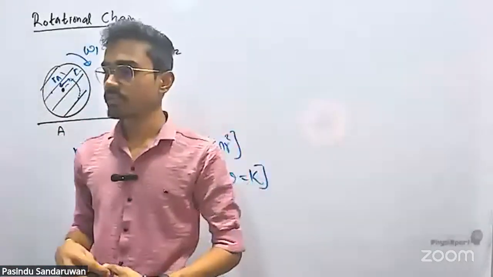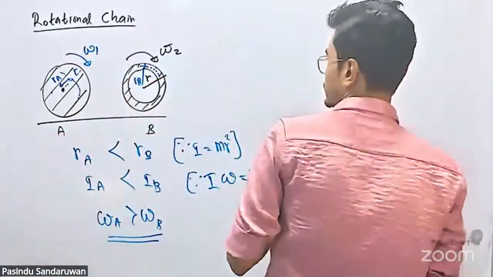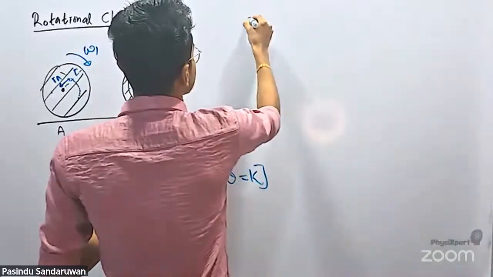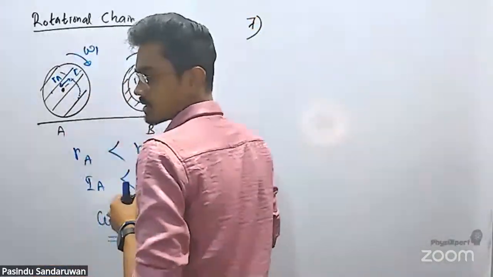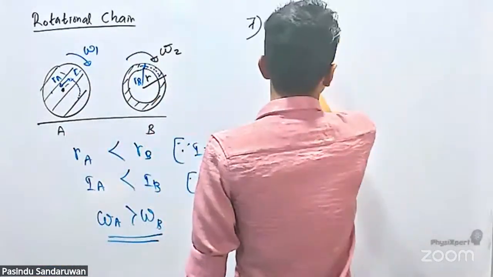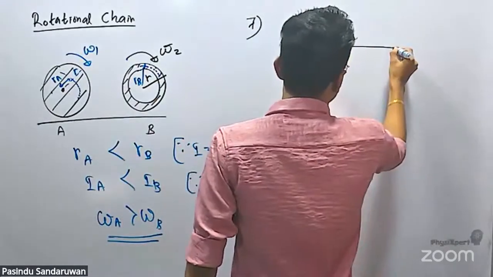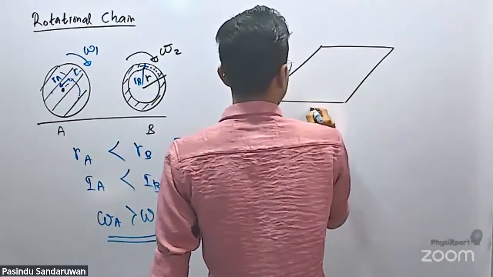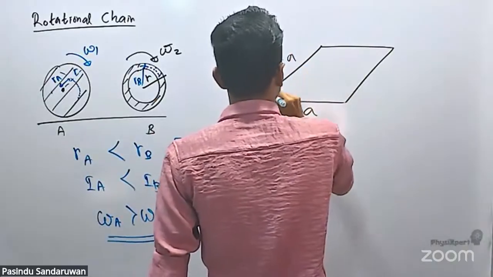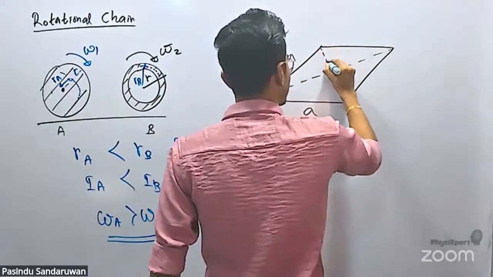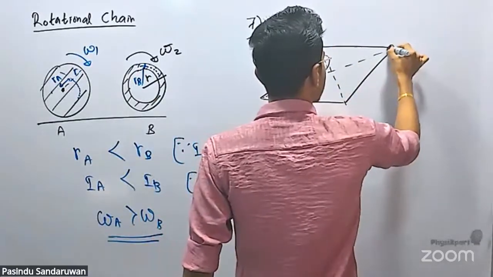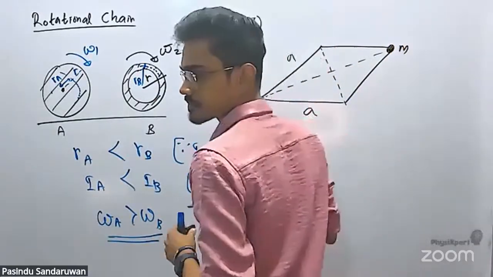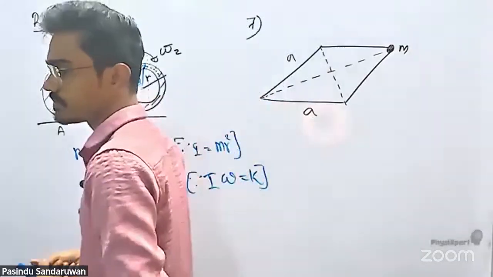Let's move on. Question 7. In question 7, there's a small difference in the diagram. This is a square. Side length is a. This is how these dotted lines should be drawn, and M is here, a small mass m.